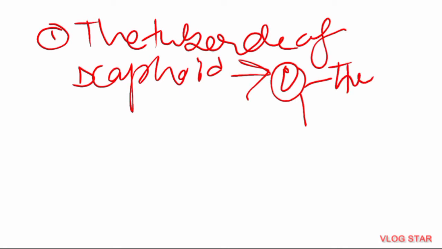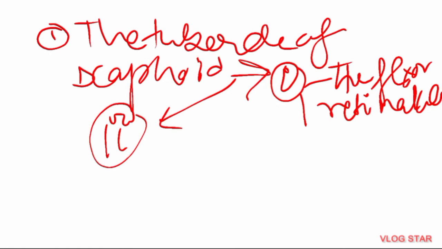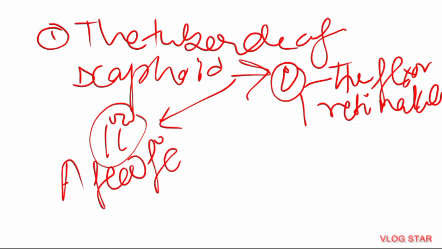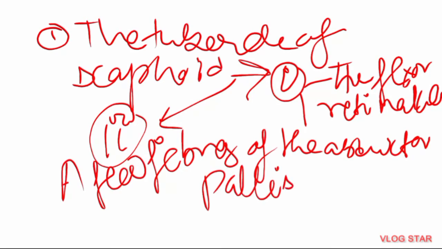The flexor retinaculum, and the second point is a few fibers of the abductor pollicis brevis.